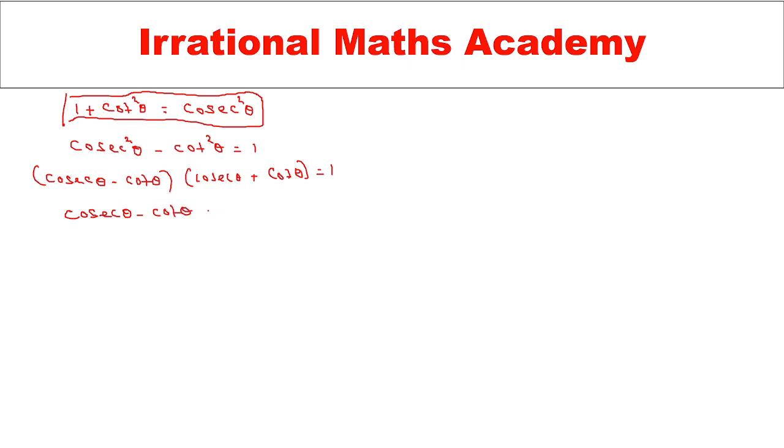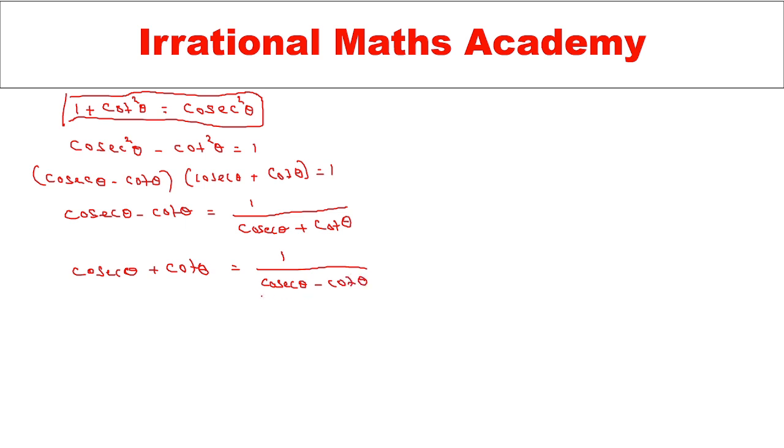And if I need cosecant theta minus cot theta, I can write it as 1 by cosecant theta plus cot theta, or cosecant theta plus cot theta, I can write it as 1 by cosecant theta minus cot theta.